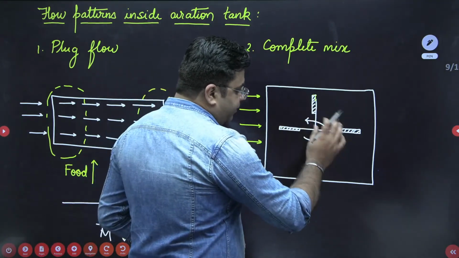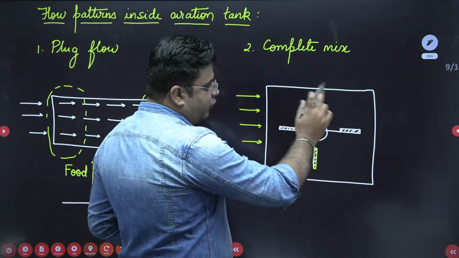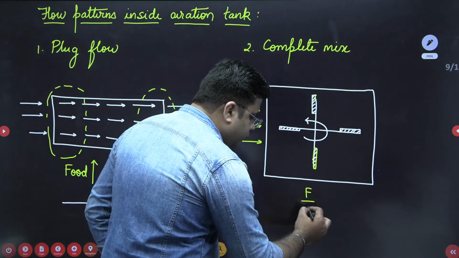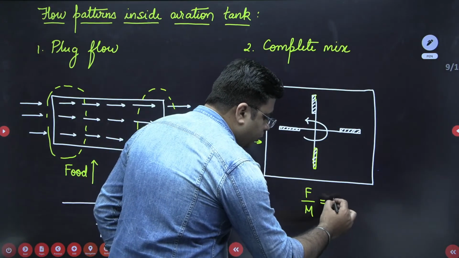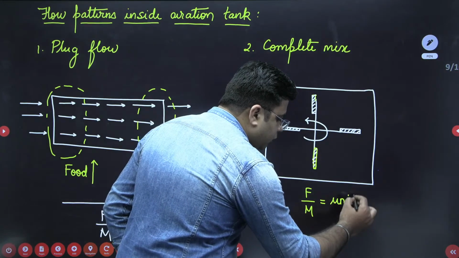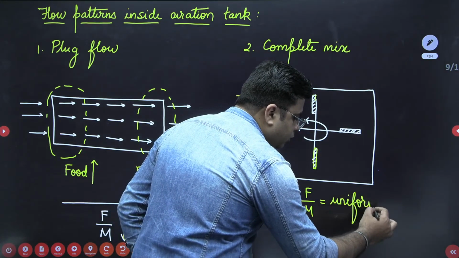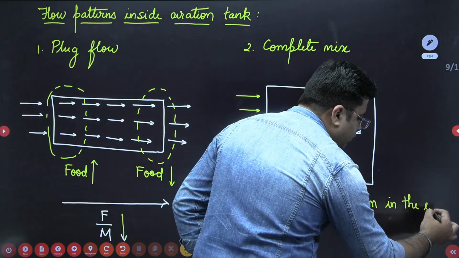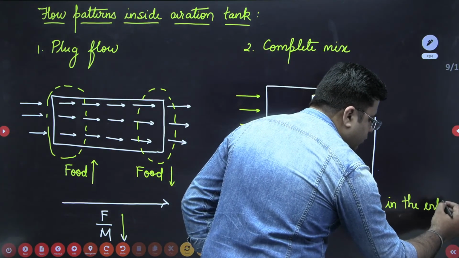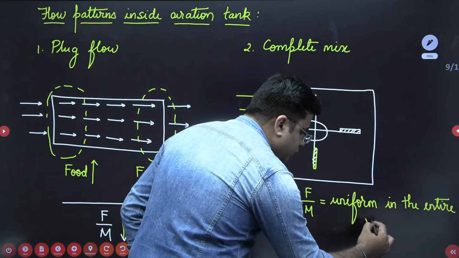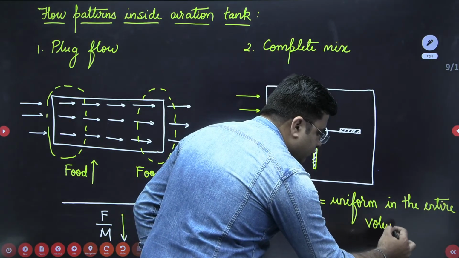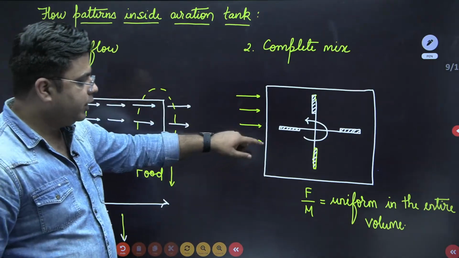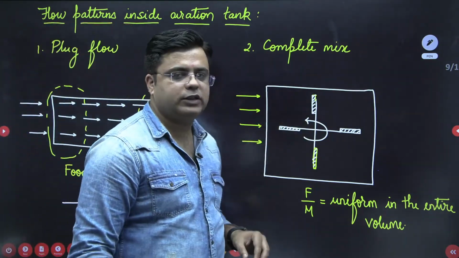For this complete mix, since you are mixing the entire volume of the wastewater, the F by M ratio is uniform or constant throughout the entire volume.